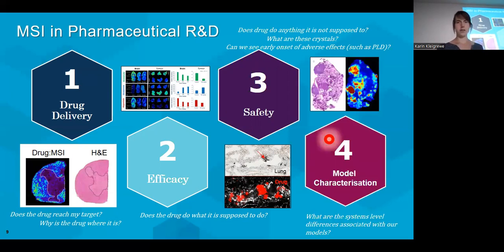Ischemia is a very good example, for instance. And the fourth one was model characterization. So this is a bit more esoteric, questions like, what are the systems level differences associated with our models? So we've got a wild type and a KO model, and they want to see what are the changes happening within that model, and then how does that change again once we put the drug into the system.